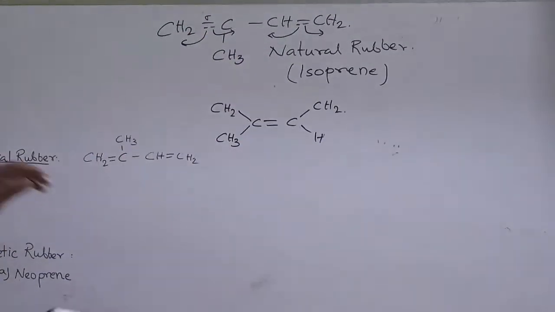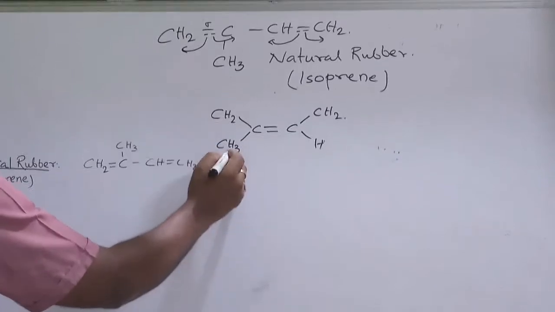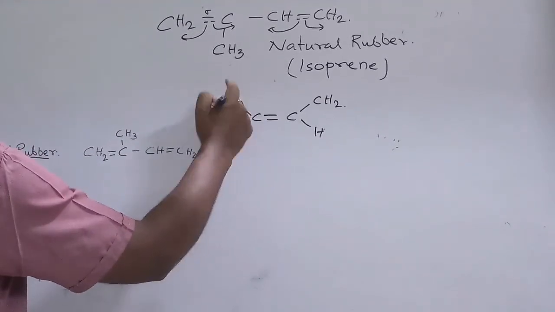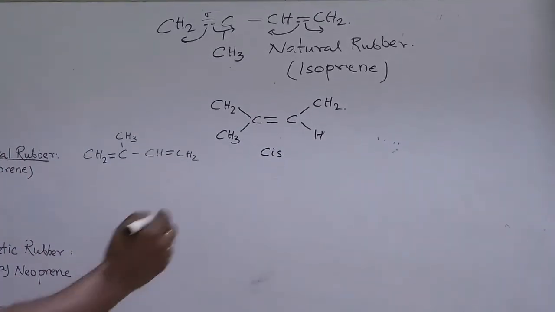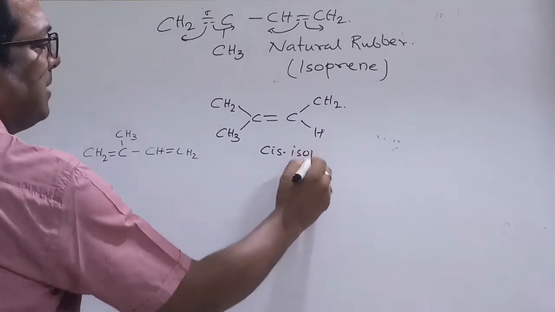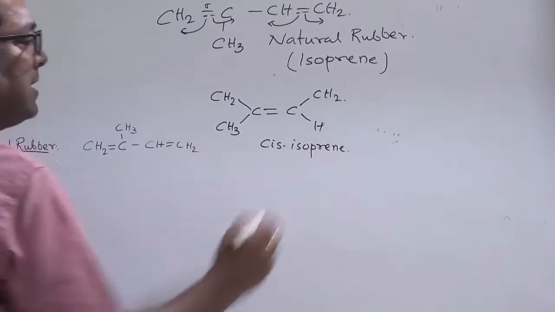So here you can see that this CH2 and this CH2 are on the same side, so it is called cis. So it is cis isoprene, P-R-E-N-E, cis isoprene.